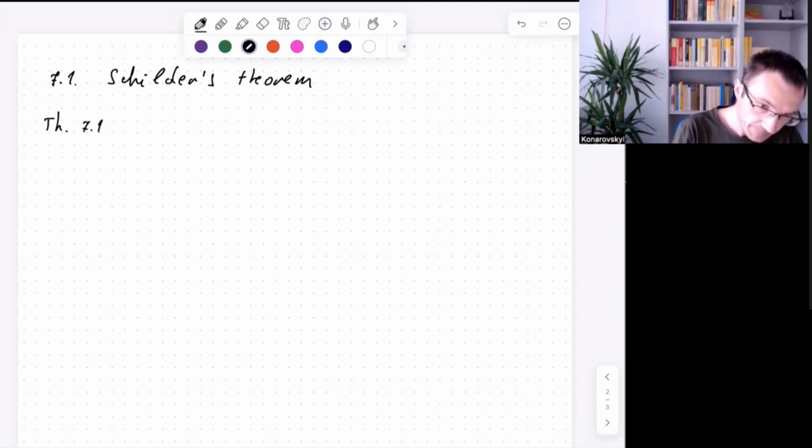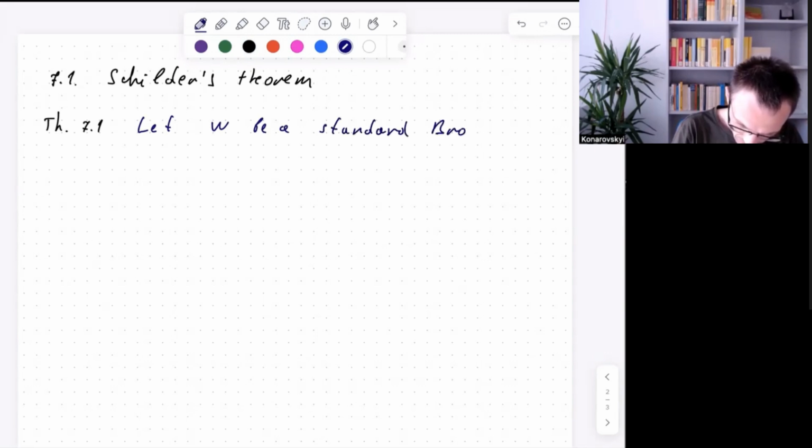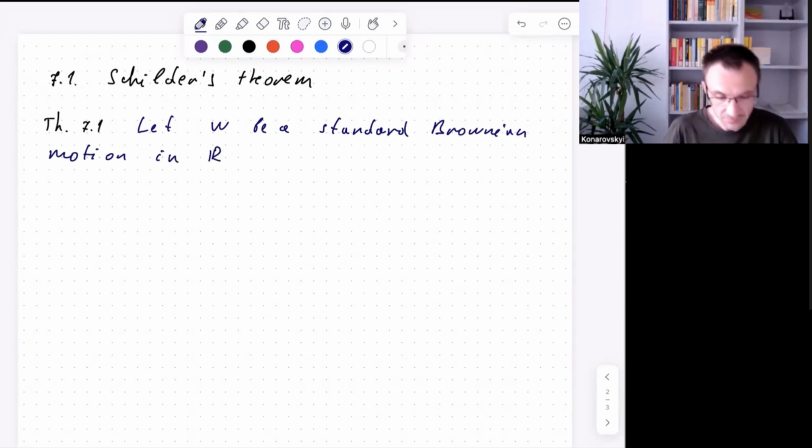7.1. We say that, let W be a standard Brownian motion in R. Standard means that it starts from 0 and has diffusion rate 1.